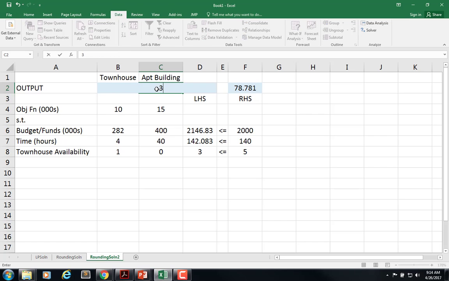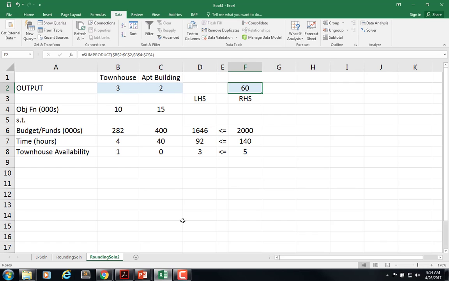Let's see if I can get a 3 in there and see what happens. No, 3 does not work, because budget 2046 is above my $2 million. So I would have to round this down to a 2, which would give me a 60. This is a 65. So two townhouses, 3 apartment buildings is better than 3 townhouses, 2 apartment buildings.